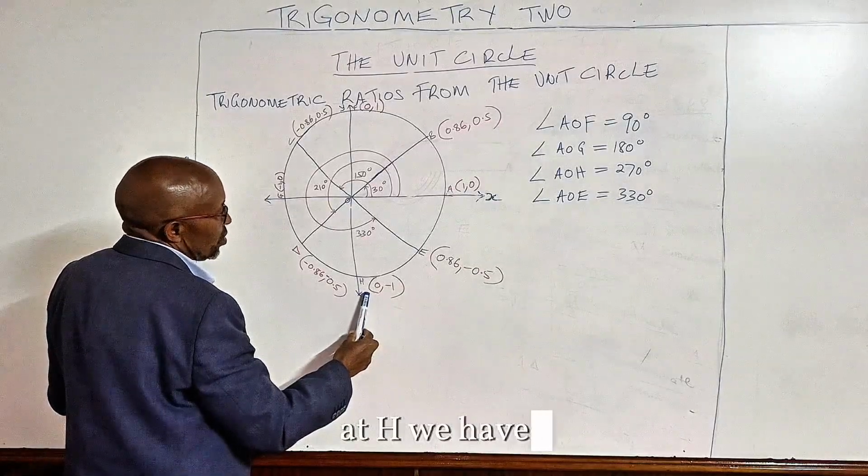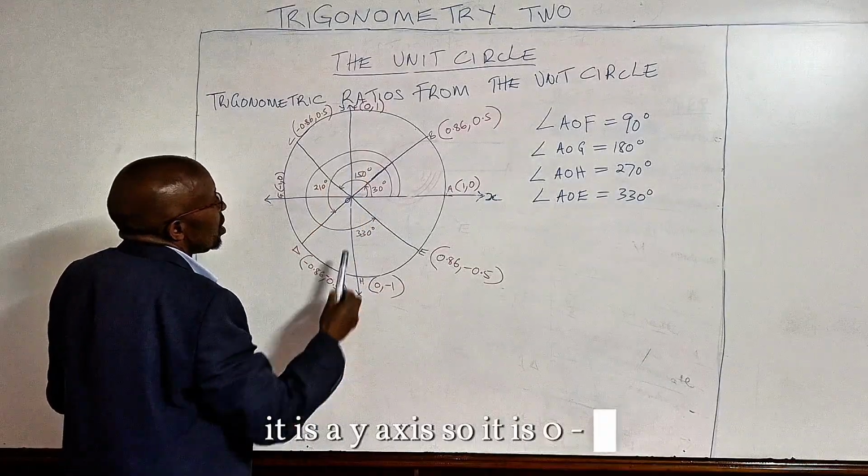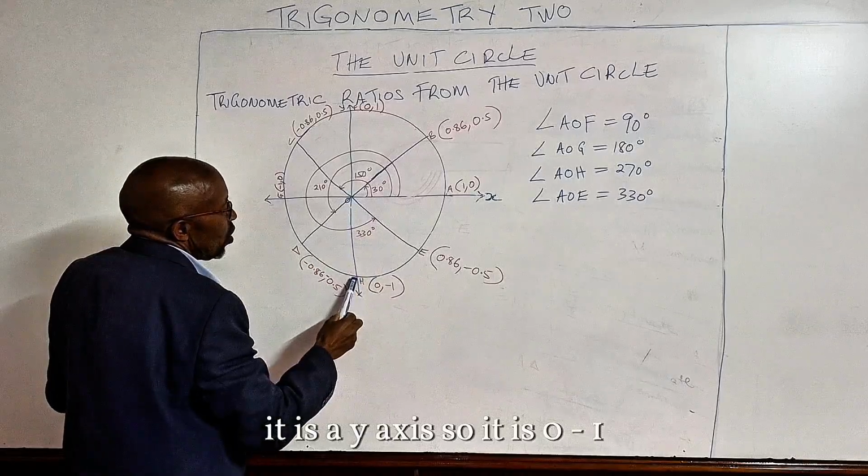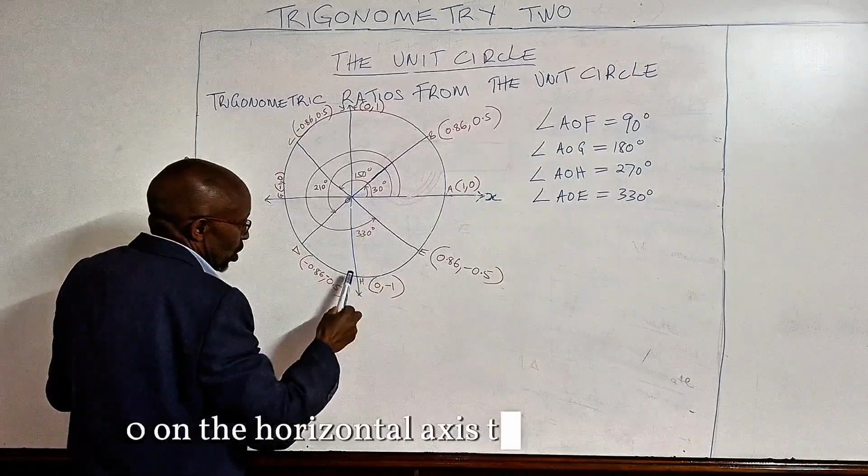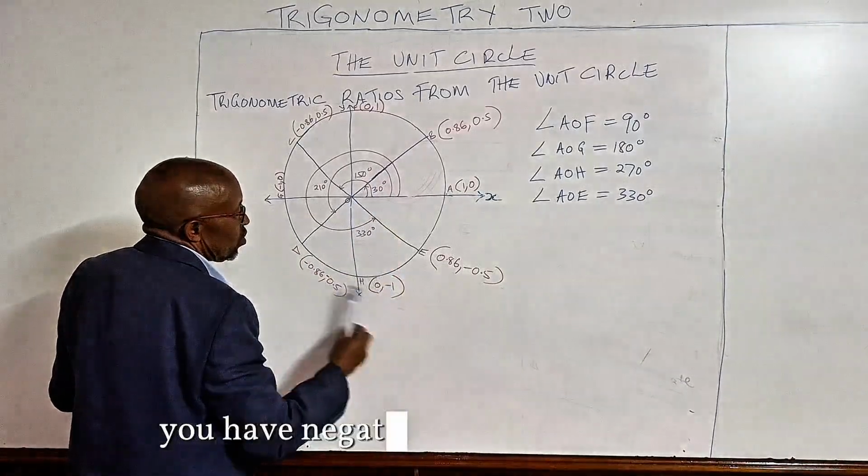At H we have, it is the y-axis, so it is 0, negative 1. 0 on the horizontal axis, then vertical axis we have negative 1.